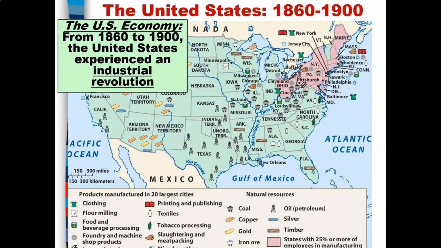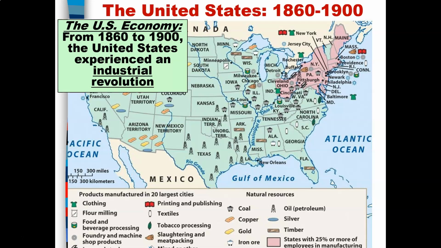From the year 1860 to the year 1900, the United States experienced an industrial revolution. As you can see from the map here, the United States had many industries working together and were making the country a powerful nation, and the industrialization became a dominant force that took over the country.